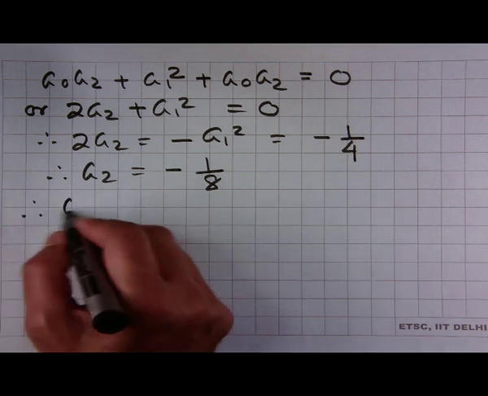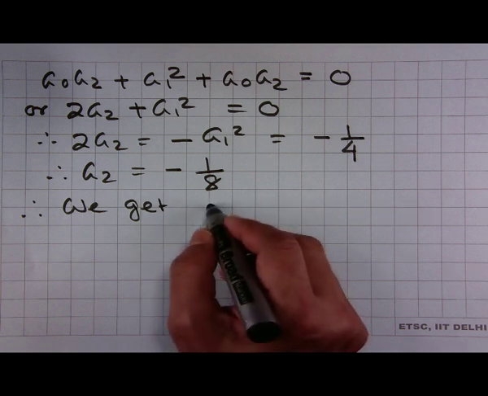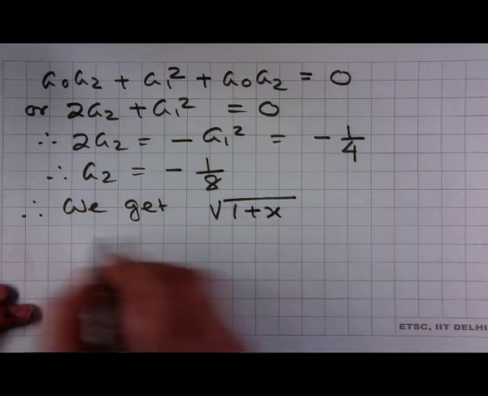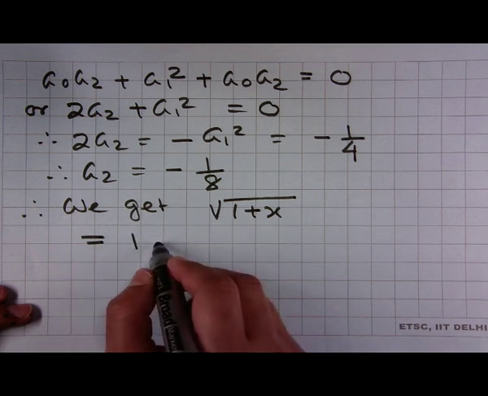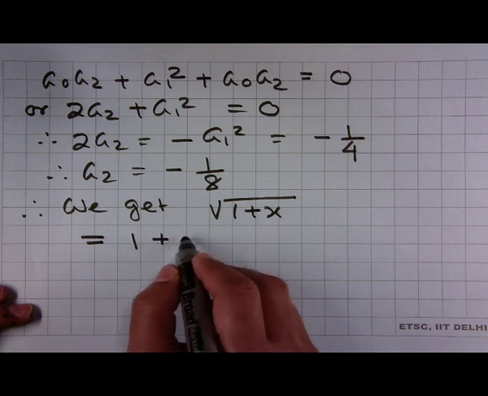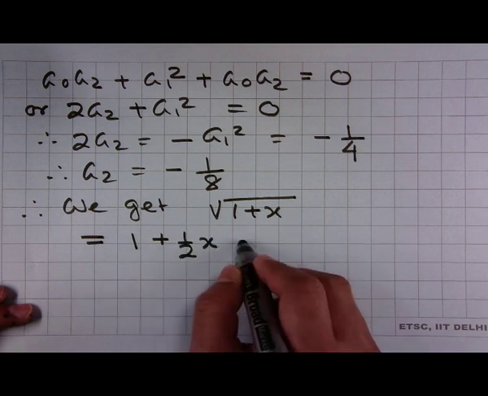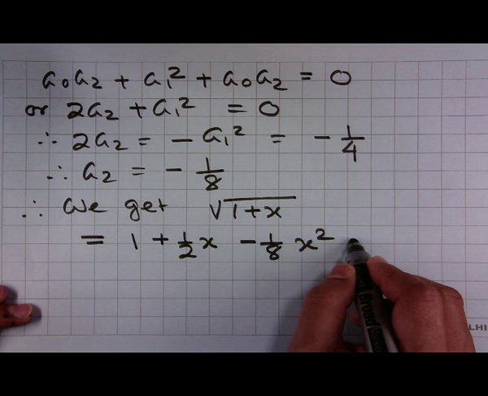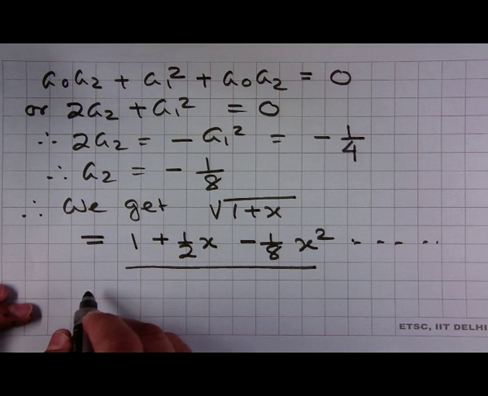Therefore, we get square root of 1 plus x is equal to 1 plus half x minus 1 by 8 x square plus other terms which we are ignoring for the time being.